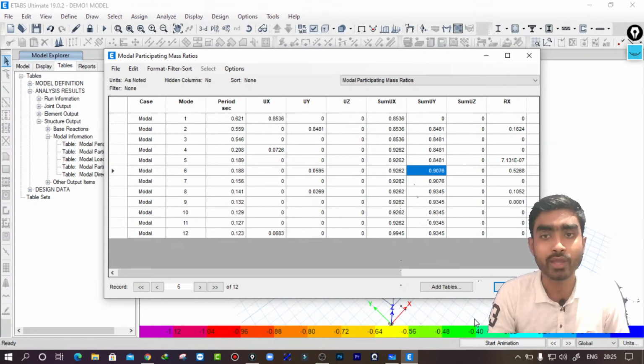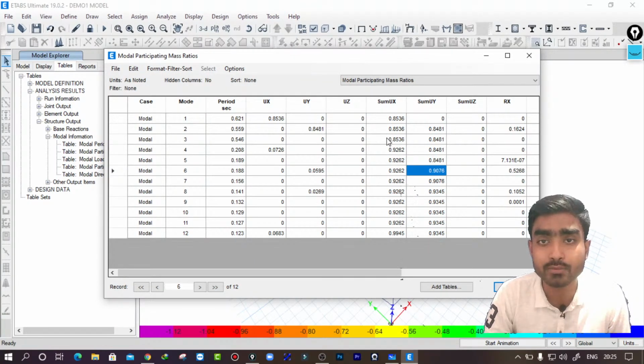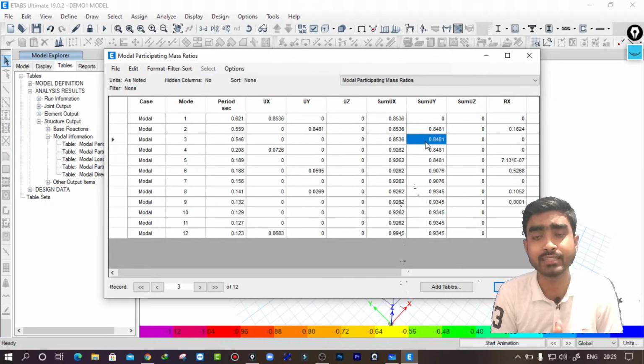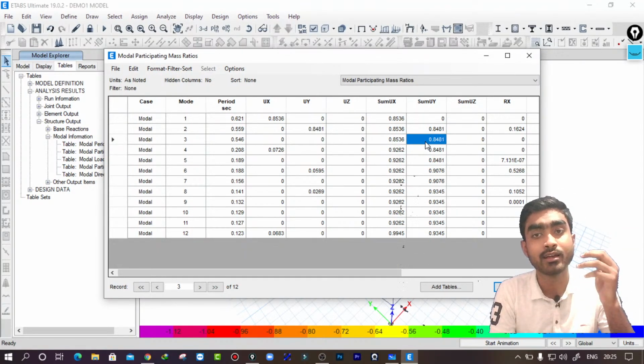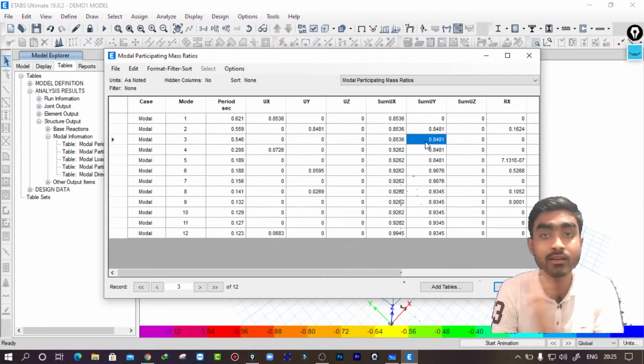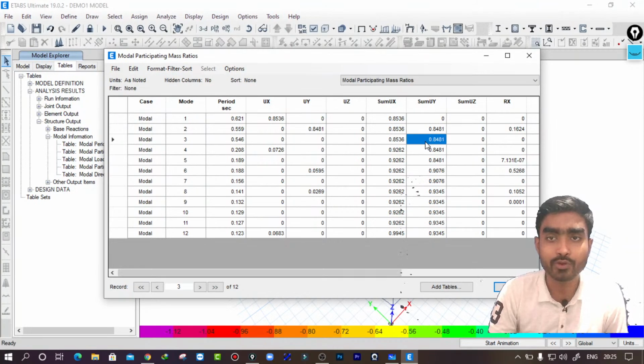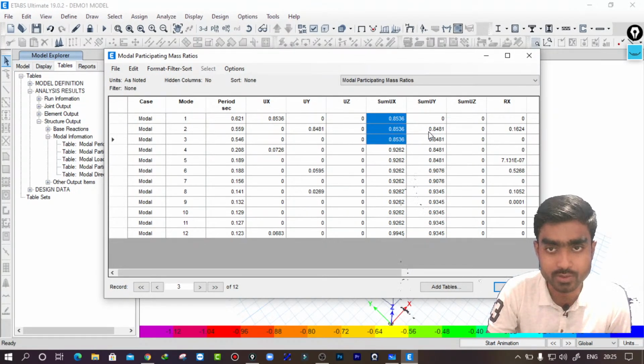So here, if you see the third mode, the code says that we should have 65% or more mass participation in the first three modes, which are the translational modes.